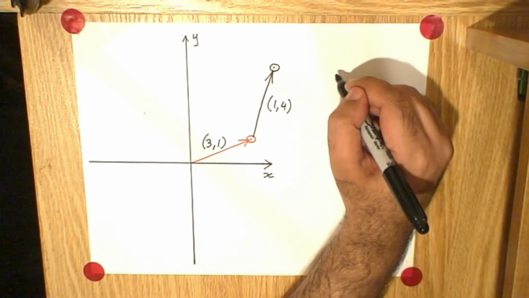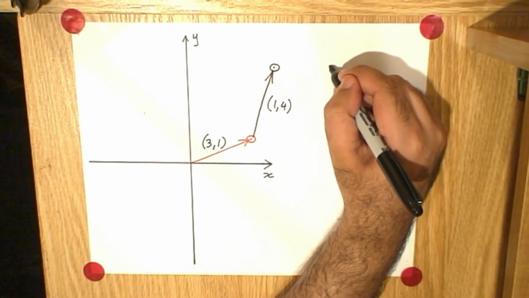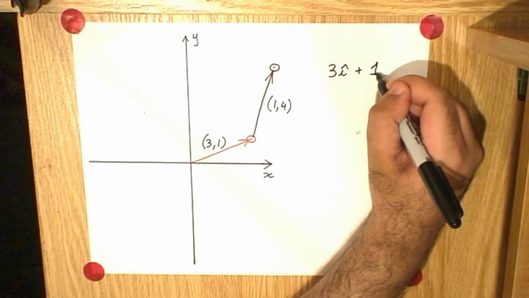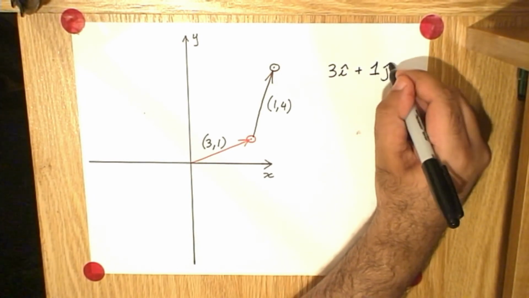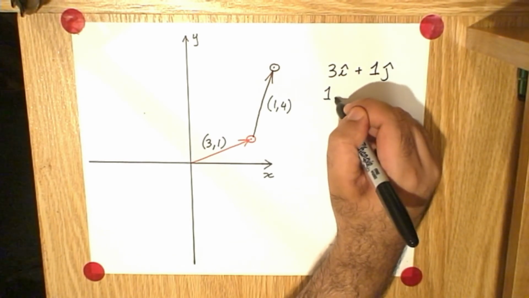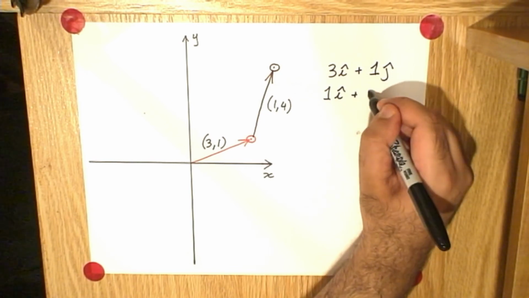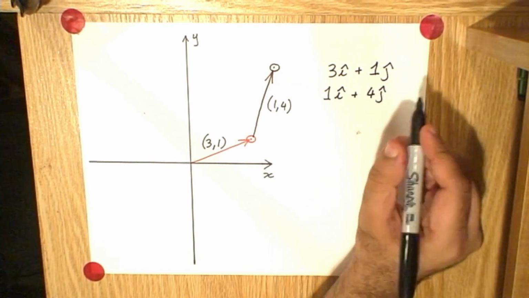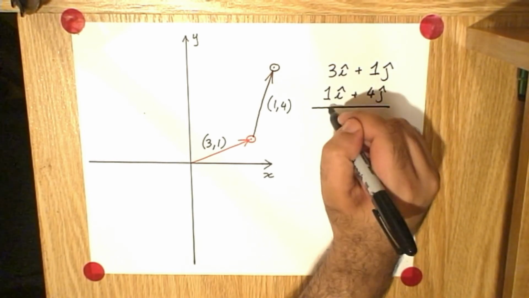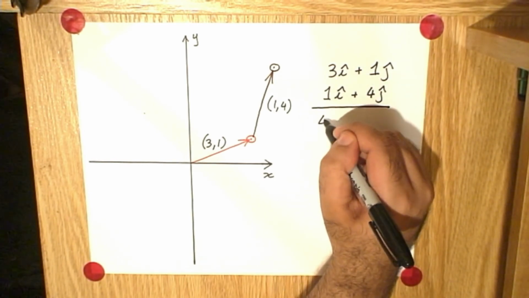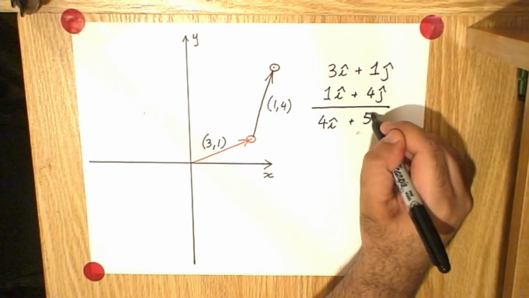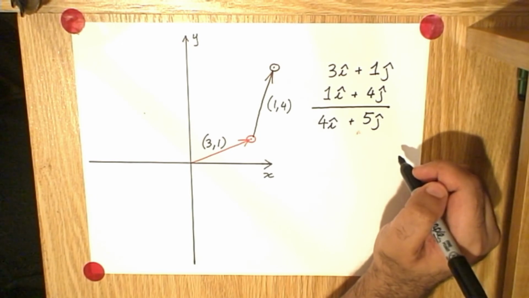So the first vector has coordinates of 3i hat plus 1j hat, and the second vector has coordinates of 1i hat plus 4j hat. So the sum of these two is 3 plus 1 is 4i hat, 1 plus 4 is 5j hat.